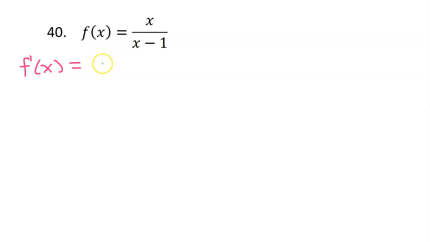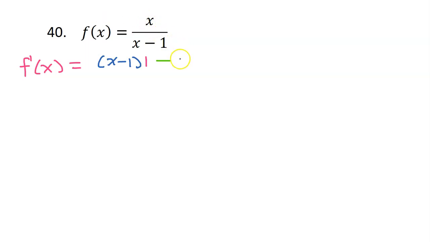Let's do it again. Low d high. When I say low, we're talking about just right down the bottom part. And then d high, the derivative of the top function, but that's just going to be 1. So that's low d high less high d low.